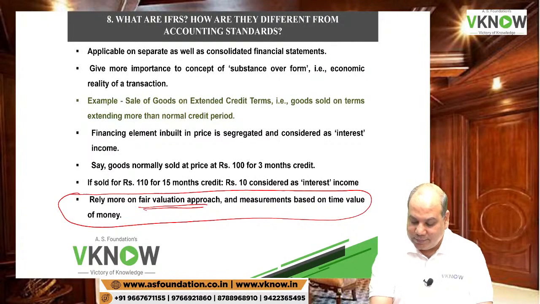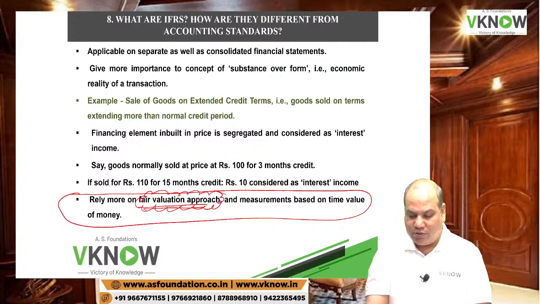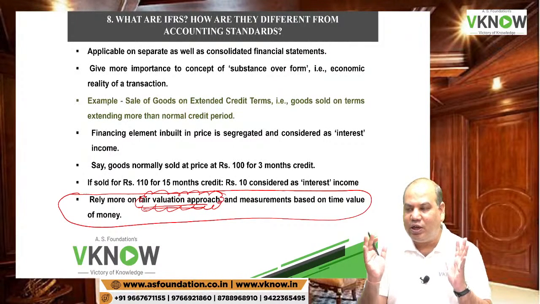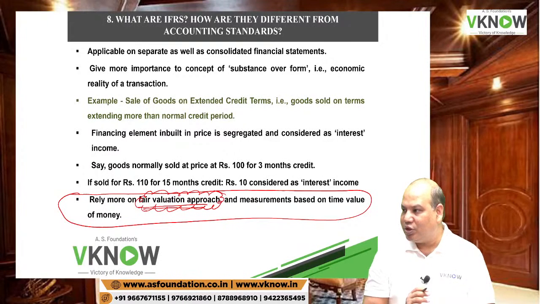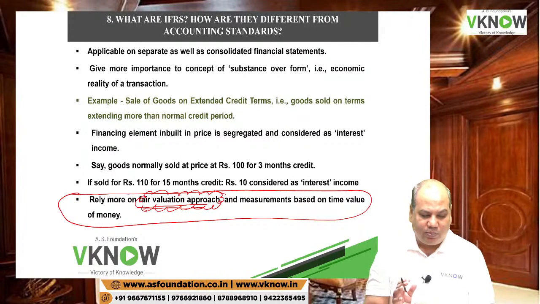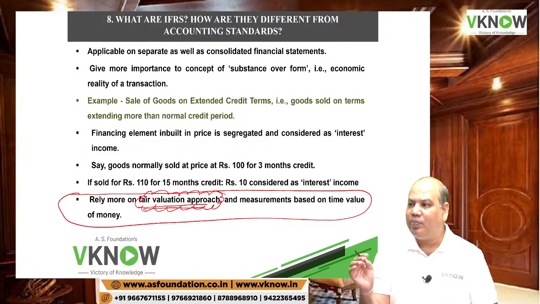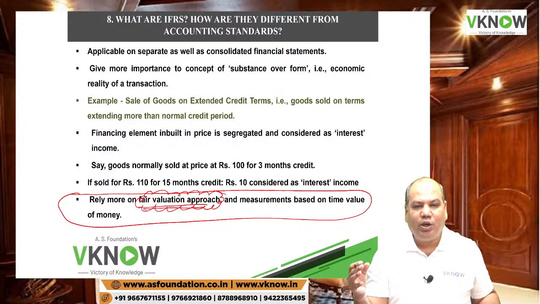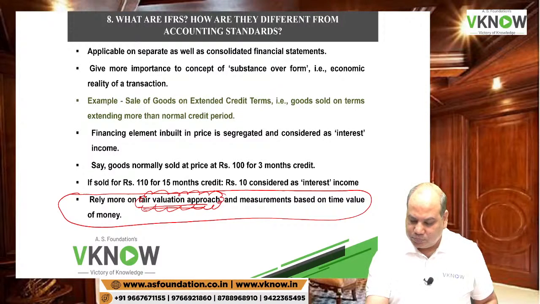More and more Ind AS will require you to bring assets and liabilities at fair value on the balance sheet, so that you know the real net worth and real value of this company. If assets and liabilities appear at historical cost, by looking at the balance sheet I don't know the real worth of that company.